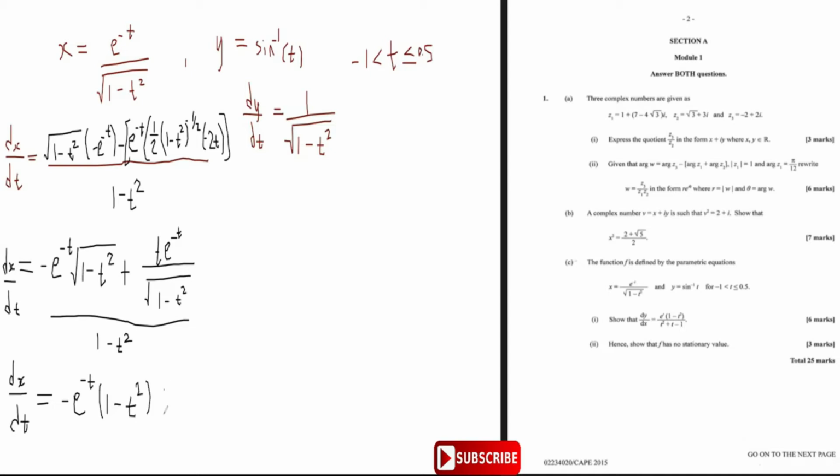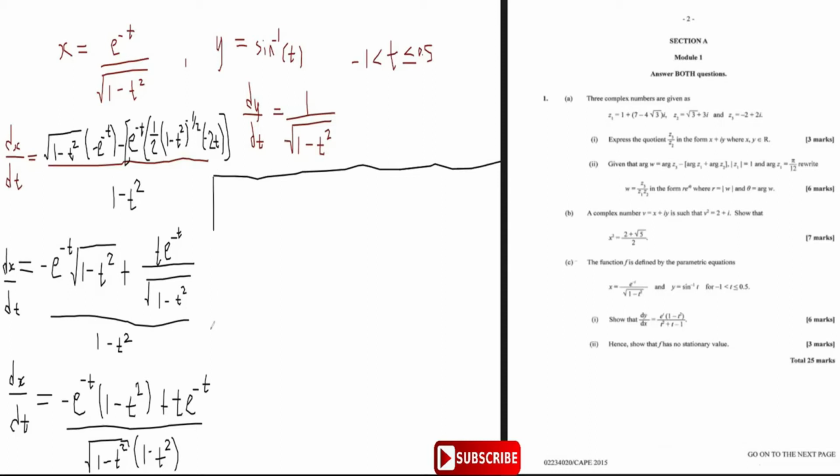Plus, we have plus t times e to the minus t. All of that is being divided by the square root of 1 minus t squared. And remember, it was divided also by 1 minus t squared, so it becomes the square root of 1 minus t squared times 1 minus t squared. So this is dx by dt. All right, nice and easy.